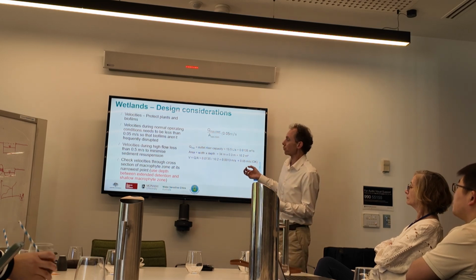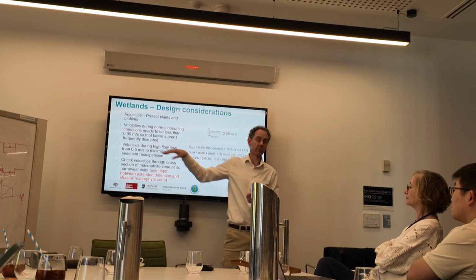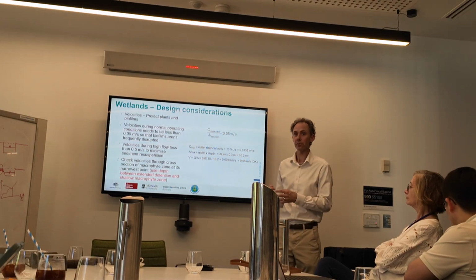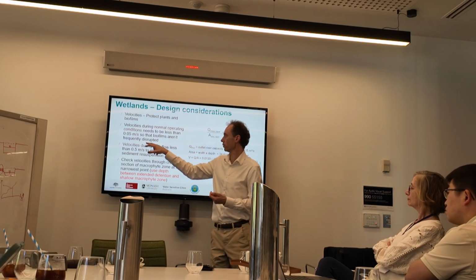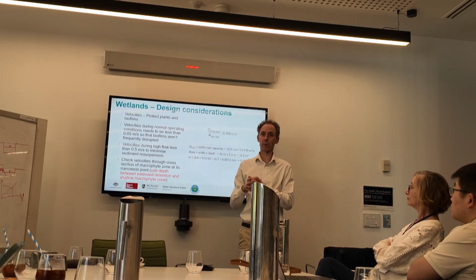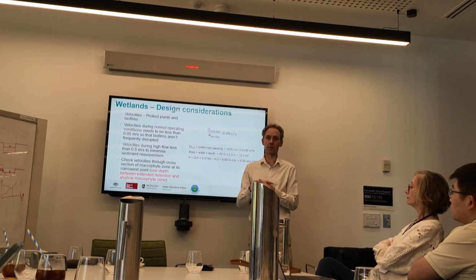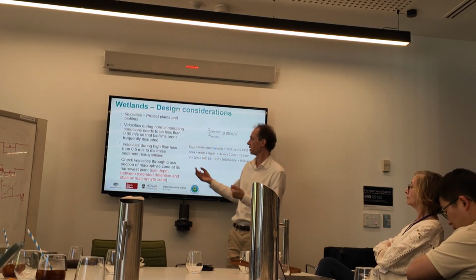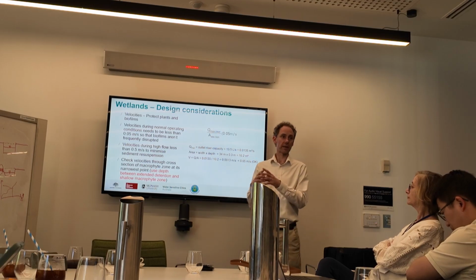So we have some requirements that the velocity should be kept below 0.05 metres per second, so it's quite low, it's really low, and that's for a regular storm event. So the design event we're using in Victoria for this is what we call a 1 in 3 month flow, or 4 exceedances a year. So basically we're saying that you can have a storm event that will wash off your biofilms 4 times a year is okay, any more than that's no good.